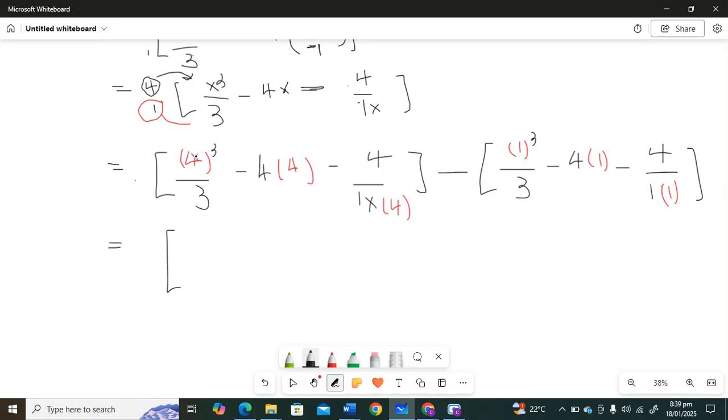Okay, colleagues, 4 to the power 3. All right, so 64 divided by 3. Is it divisible by 3 so we make it a whole number? Those who don't like fractions, you can convert into decimals. If you do not like fractions, just get decimals and you make your life easy.